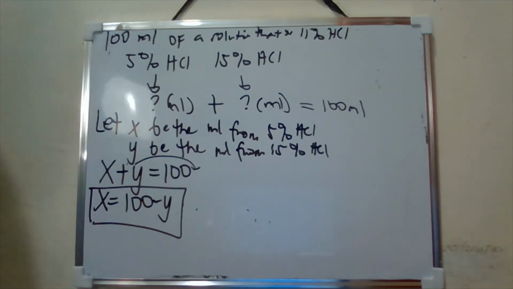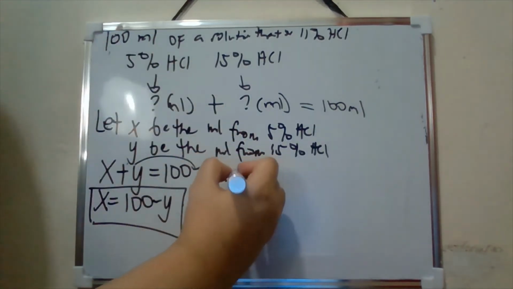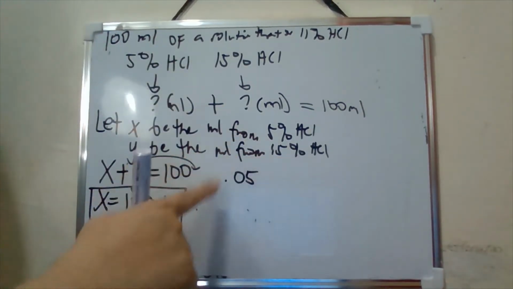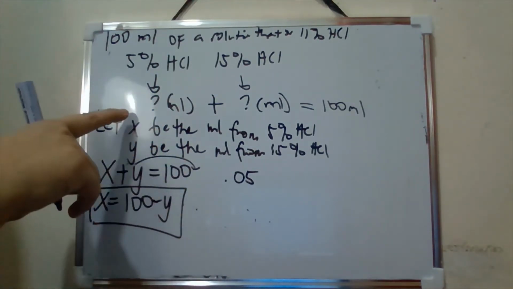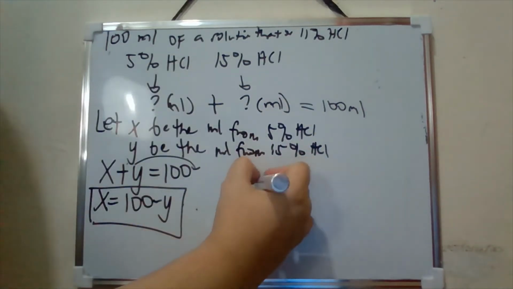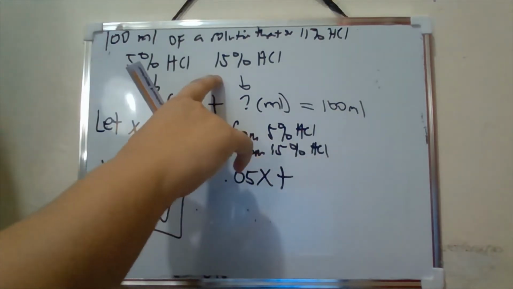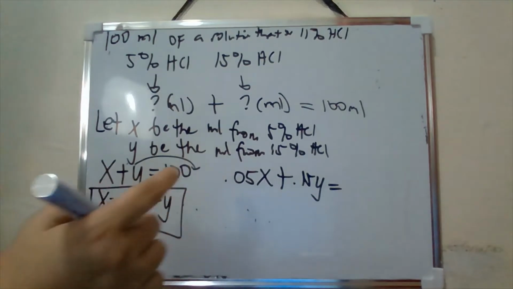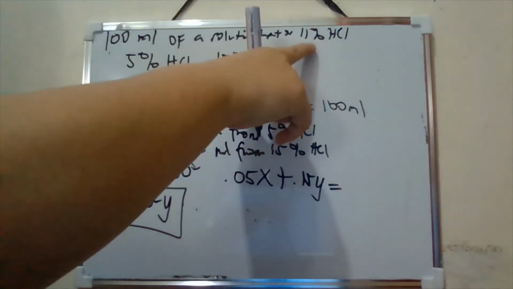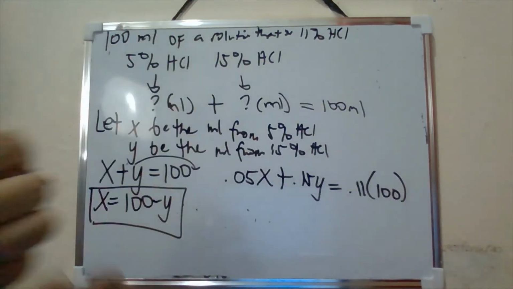Now we need to add the 5%. When we change it into a decimal, it is 0.05, so with the assigned variable, 0.05X plus 0.15Y equals 11%, which is 0.11 times 100.